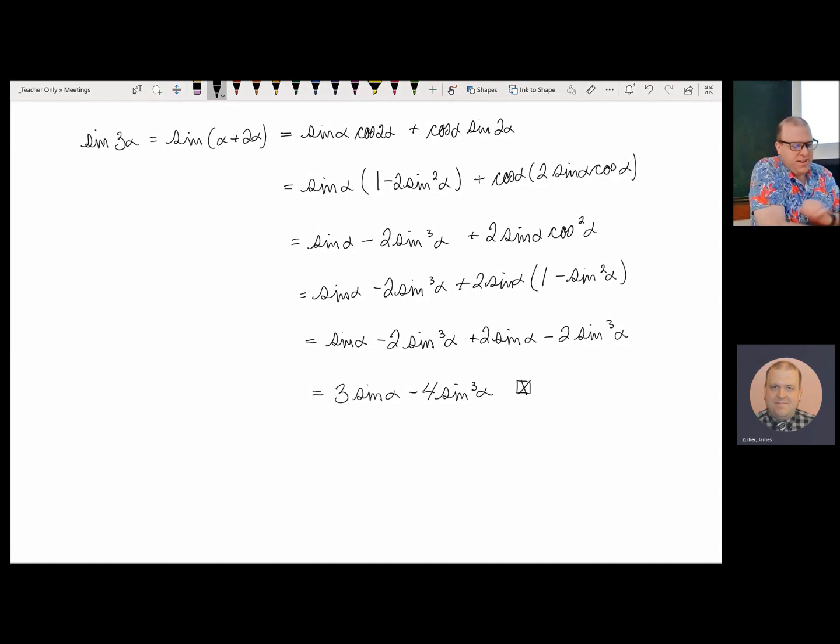Sine of 3 alpha can also be written as 3 sine of alpha minus 4 sine cubed of alpha. Again, that's an identity now, so it's one you can use.